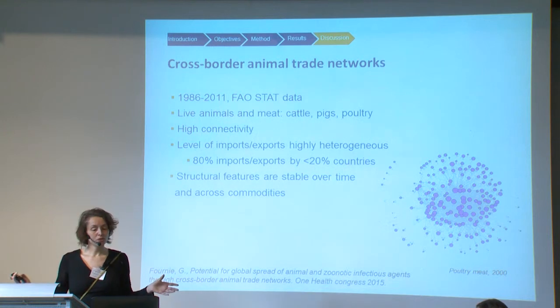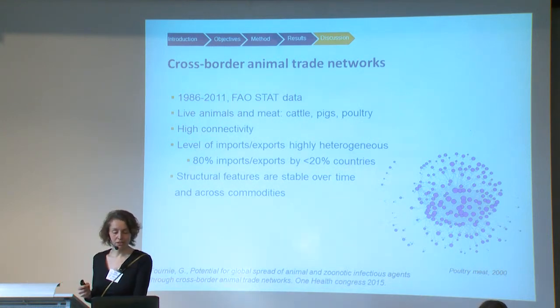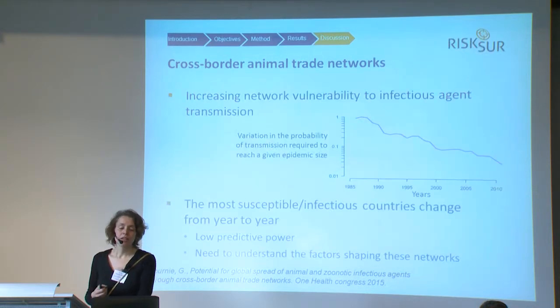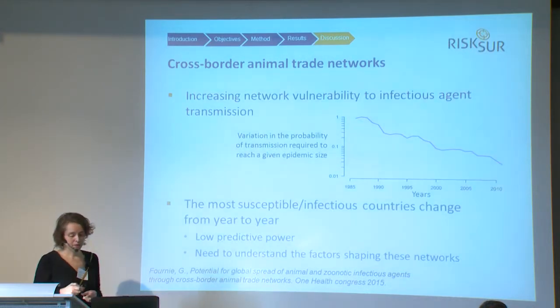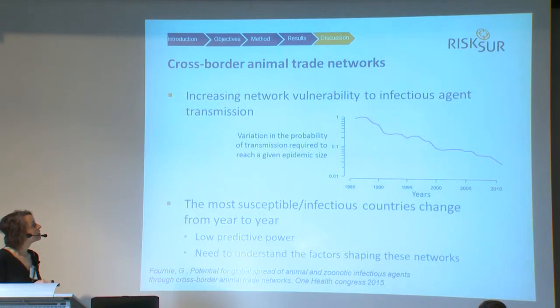He also saw that over this rather large time period, the structural features of the networks were quite stable. And I think the most important point that he made was that we see an increasing network vulnerability to infectious agent transmission. So here you see the variation in the probability of transmission required to reach a given epidemic size over time from 1985 to 2010.